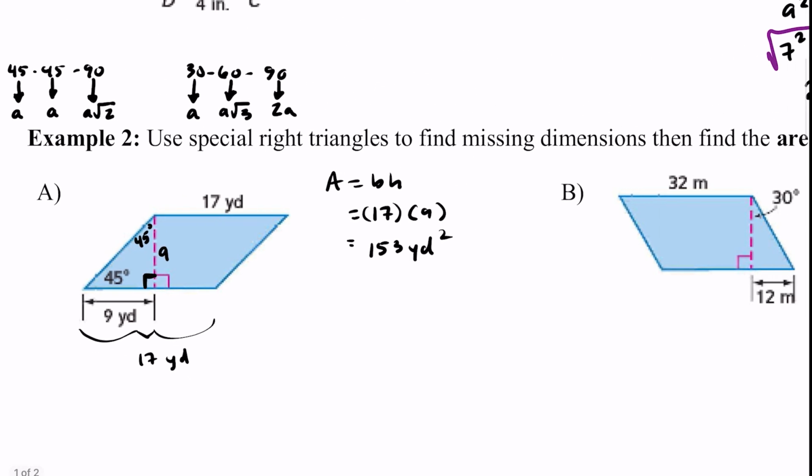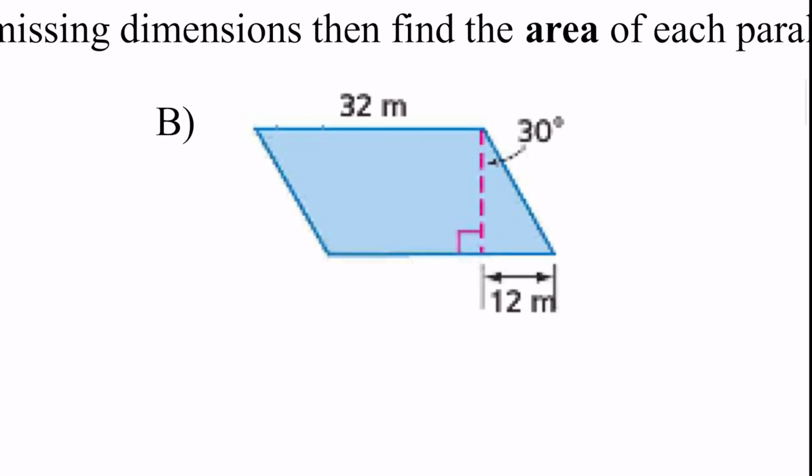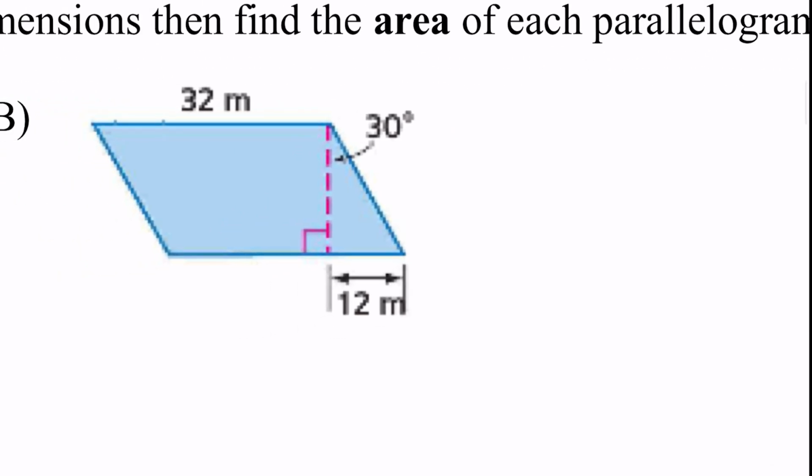All right, moving on to example B. I've got a 30-60-90 here. How do I know? This is 30, this is 90, and this is 60. This side here is 32, so this whole side over here is also 32.